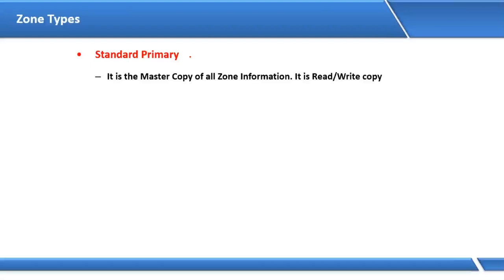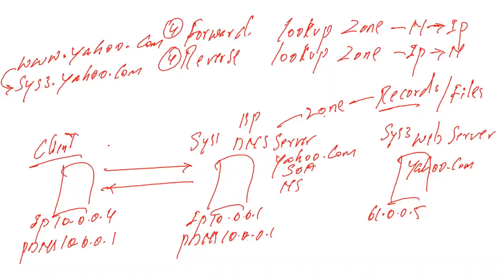If anyone says, sir, register the website information in the ISP DNS server, we have to create the standard primary zone. So first we'll see today's practical: how to configure the DNS server and what the requirements are. Then we'll see how to create the standard primary zone in the forward lookup zone, and how to create it in the reverse lookup zone also, right?